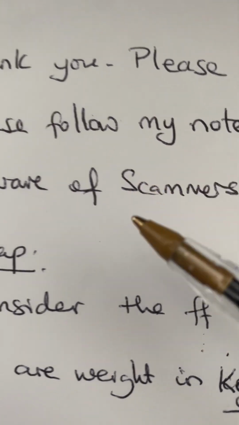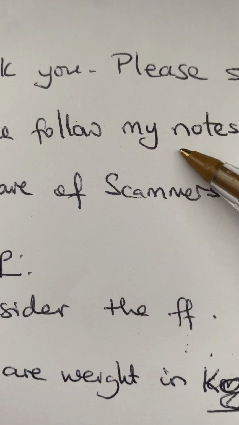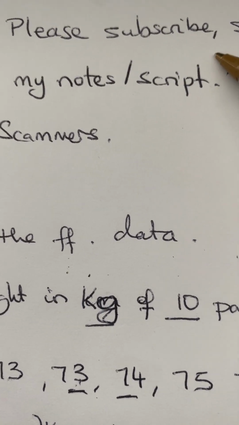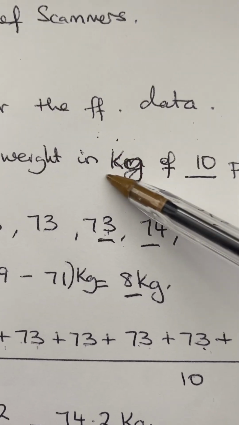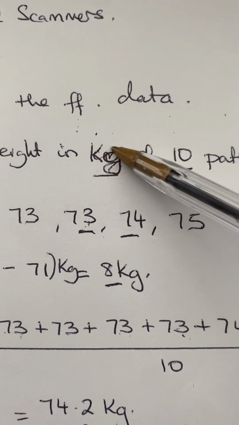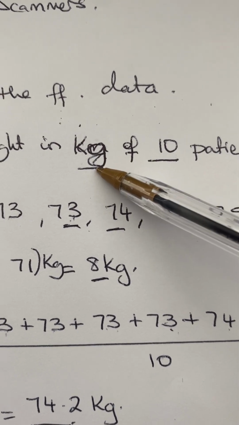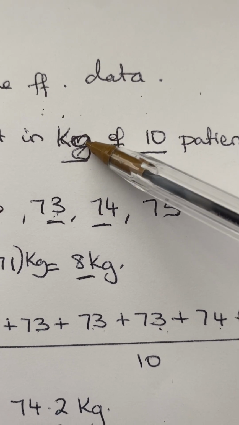I normally write in the comment section, please follow my notes/script. Okay, so for instance, this is in kilograms. So assuming I said grams, follow what is on the script.